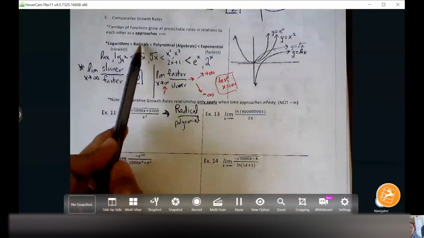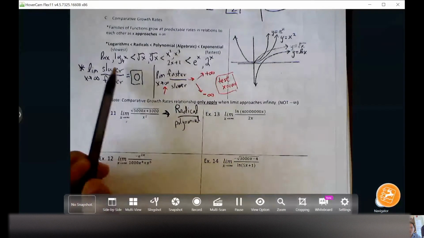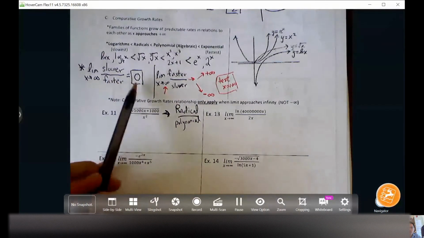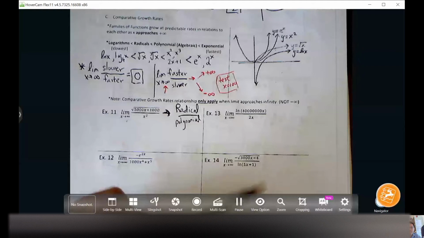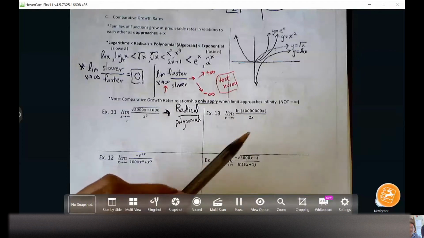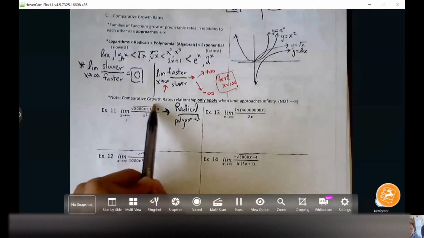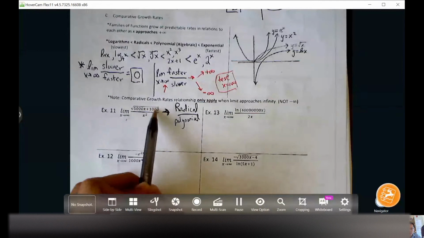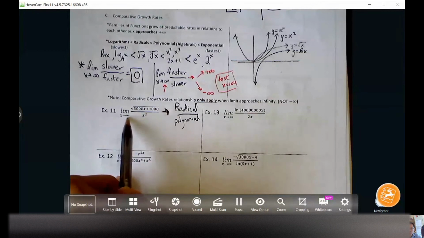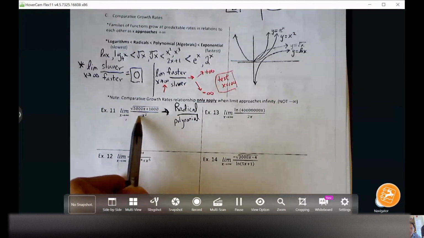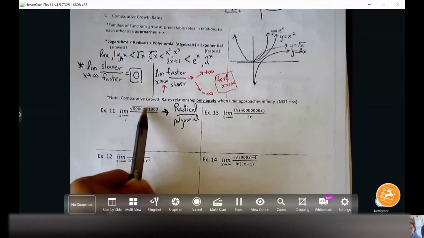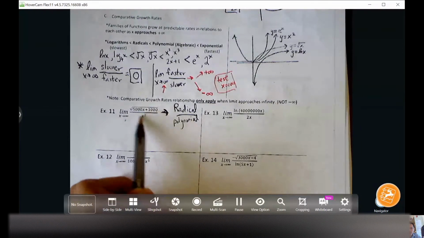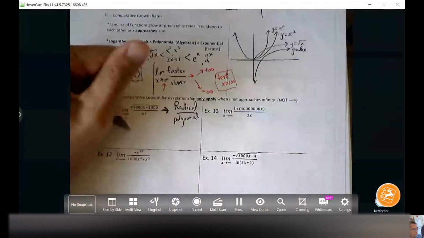Radicals are slower than my polynomial. Slower over a faster is always going to result in 0. My denominator is growing at a faster rate, even though this looks really large, but as we go towards infinity, eventually this x squared is going to overtake. And once it overtakes this value, this overall fraction is going to get smaller towards 0.